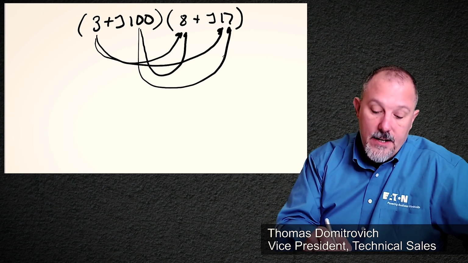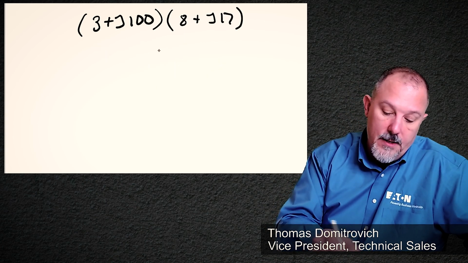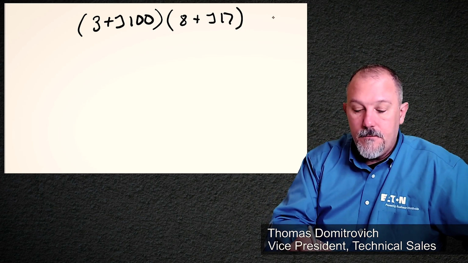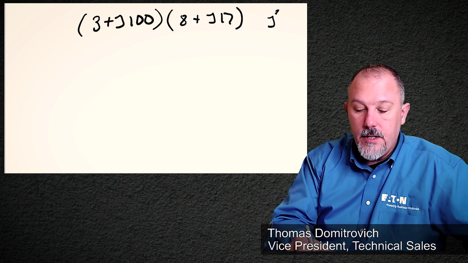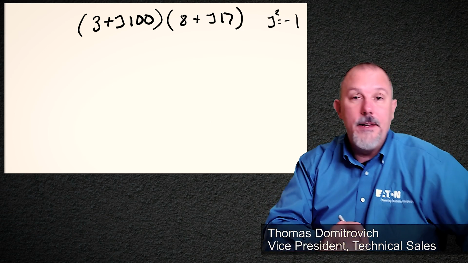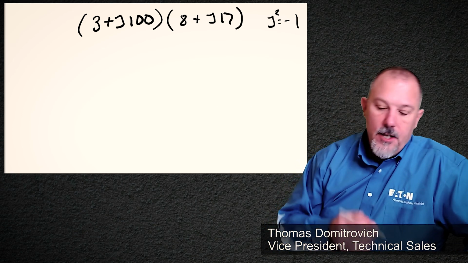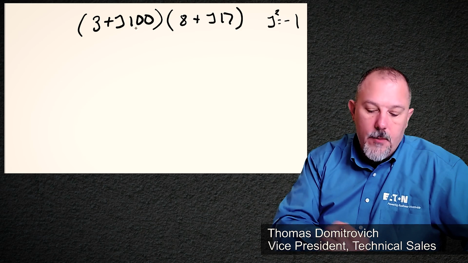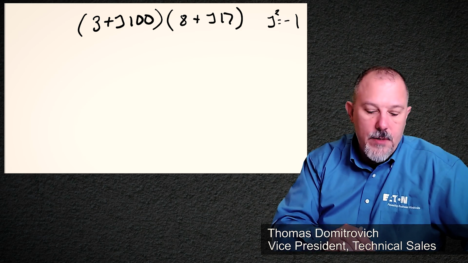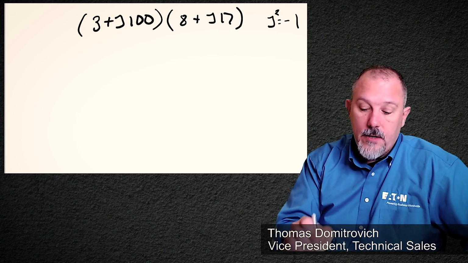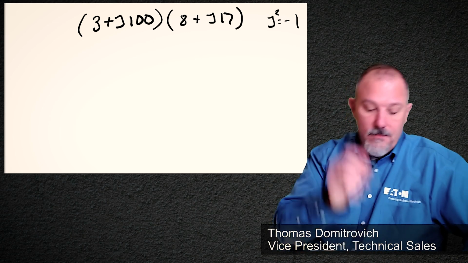Now, what I will tell you is, before we get into that, the operator J, we know J squared is equal to a negative 1. That's going to be an important parameter to remember. So when I multiply J100 times J17, I'm doing J squared and then 100 times 17. And J squared is a negative 1. Let's do the math.